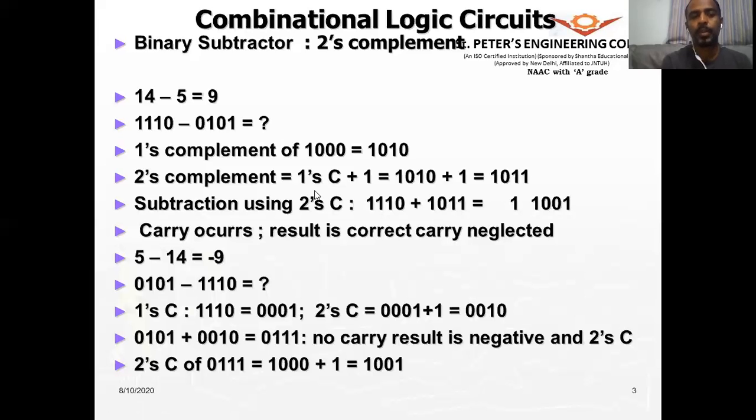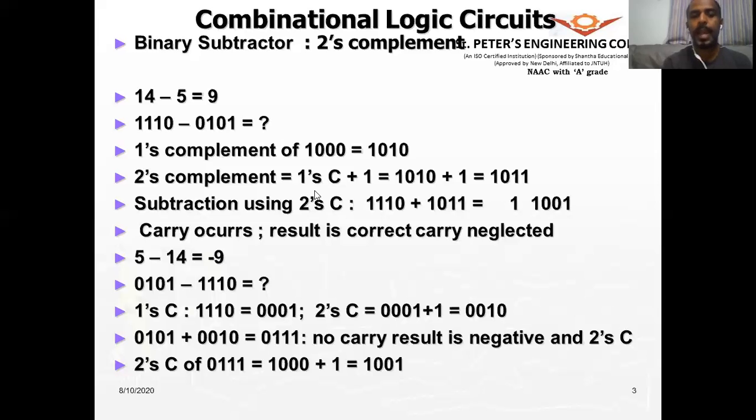So therefore, from this example, what I'd like to convey is that you don't need a separate circuit to perform subtraction operation, but in fact the adder, whatever we studied, the binary adder itself can be used to perform the subtraction operation by using 2's complement method.